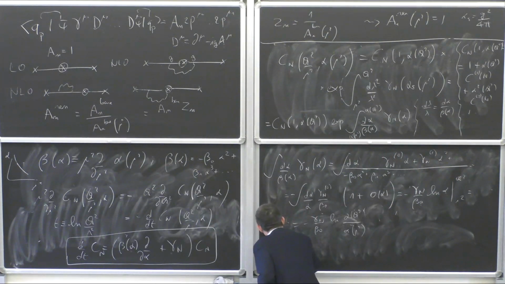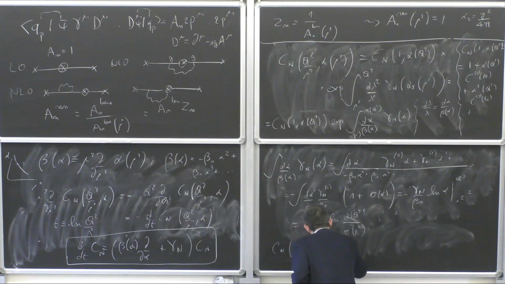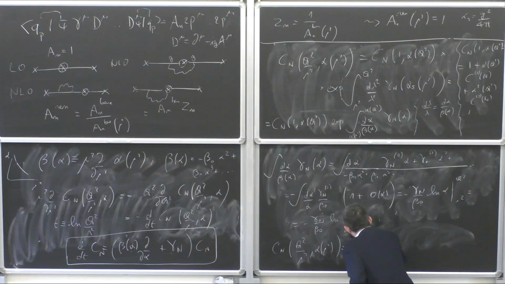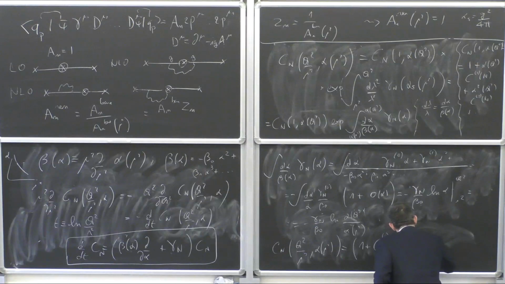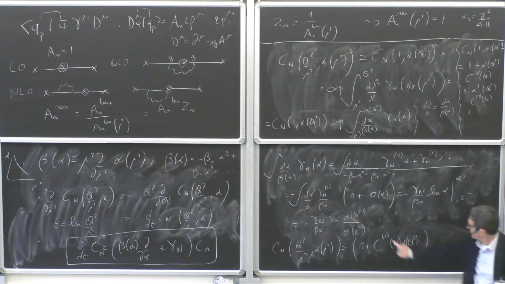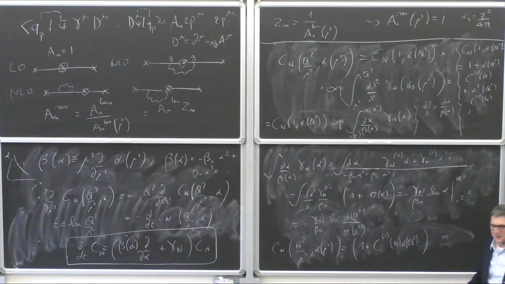So I then conclude that my Cn of q square, mu square, alpha of mu square is a series in alpha: 1 plus C1 n times alpha of q square plus dot, dot, dot, times the exponential of this guy, which is what I was writing before: alpha of q square divided by alpha of mu square raised to the power minus gamma n divided by beta naught, times 1 plus order alpha.